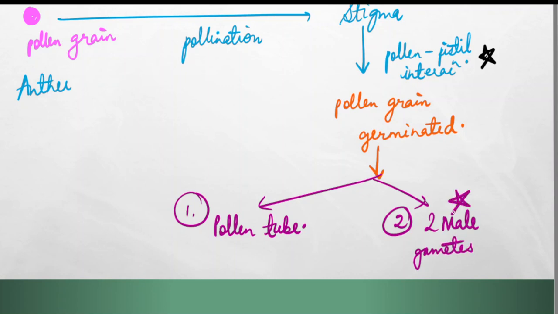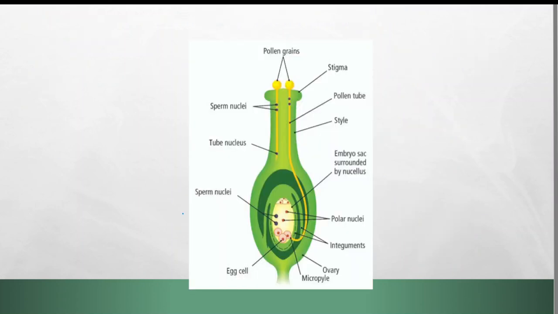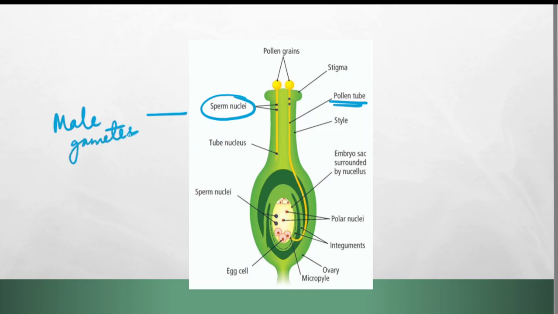Okay, so these were the two important things which occurred. Now the pollen tube is actually taking two male gametes. I had shown you the image. Let's see one image. See here. Can you see that the pollen tube is taking sperm nuclei, meaning male gametes? Okay, this is nothing but male gametes.